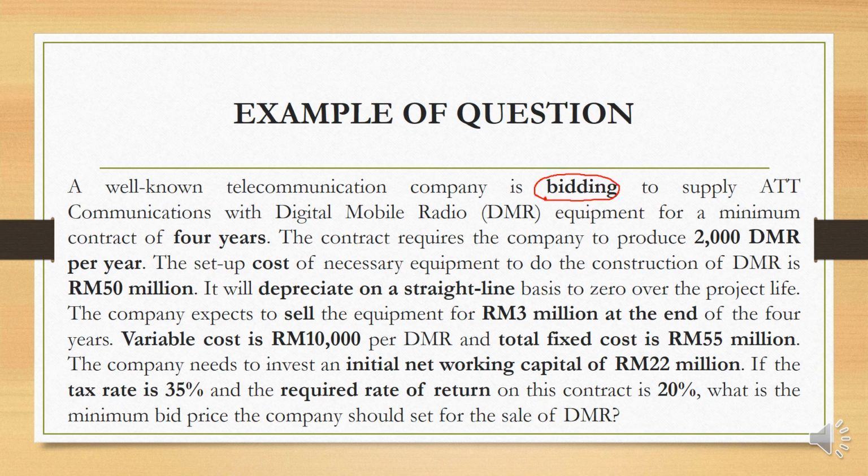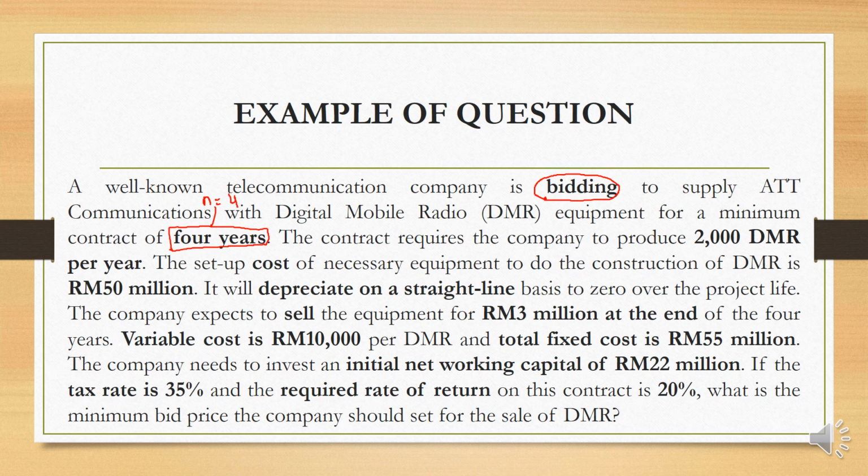To supply ATT communication with digital mobile radio, which is DMR, equipment for a minimum contract of 4 years. So the 4 years given here represents the maturity period or the useful life of the equipment, N equals 4 years.